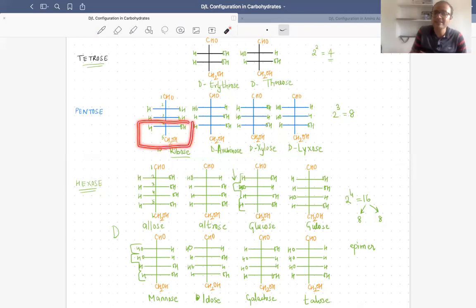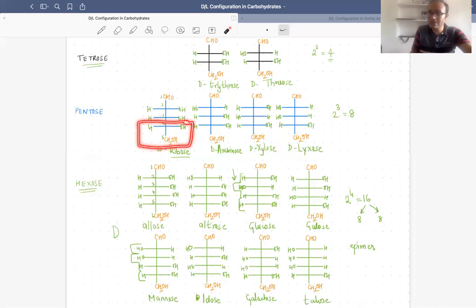penultimate chiral center. Another terminology that some books use is penultimate chiral center. That means the chiral center that is before the ultimate. When you number it 1, 2, 3, 4, 5, the fifth carbon is the ultimate carbon. So before the fifth carbon, the chiral center which is there decides the D and L configuration.